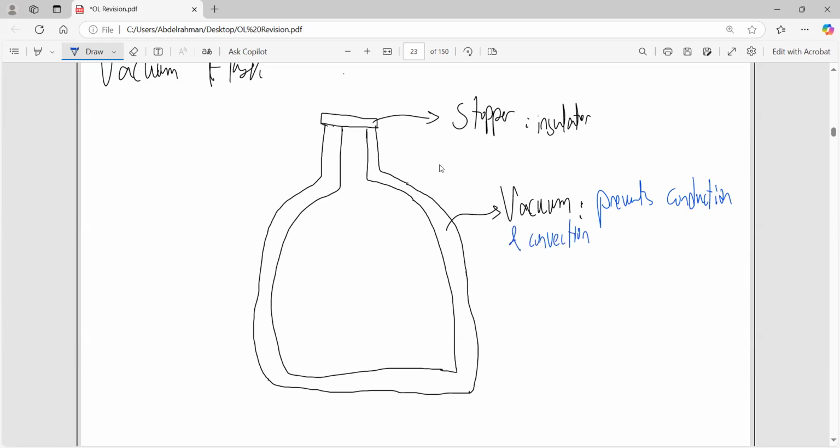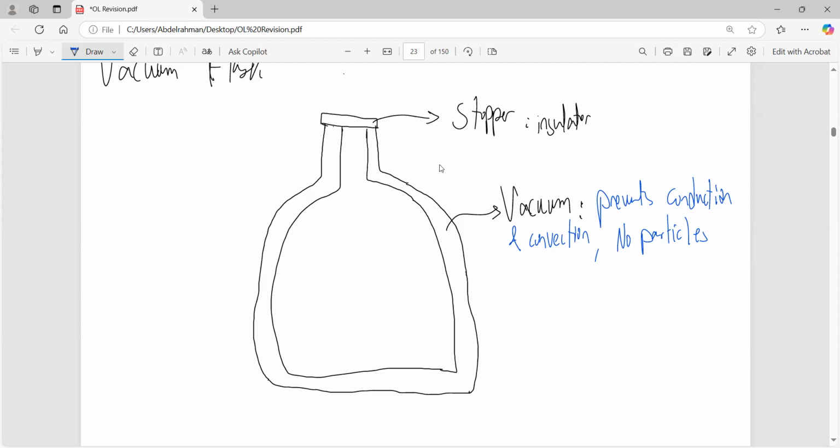Why does it prevent conduction and convection? Because there are no molecules, no particles. No molecules to move and create convection, no molecules to vibrate or touch to create conduction. So the vacuum completely prevents conduction and convection.